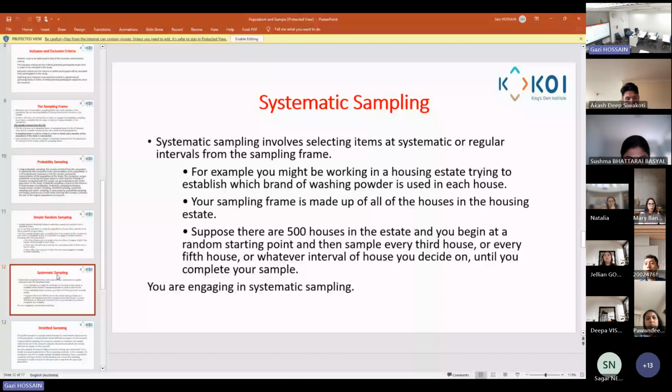Or for example, suppose there are 500 houses in the state and you begin at a random starting point and then sample every third house or every fifth house or whatever interval you decided on until you complete your sample.